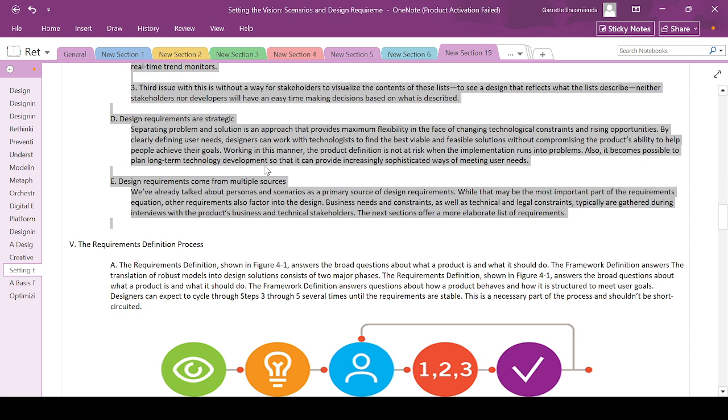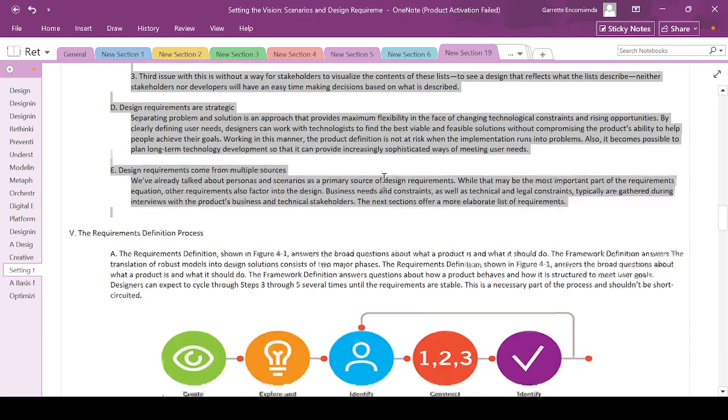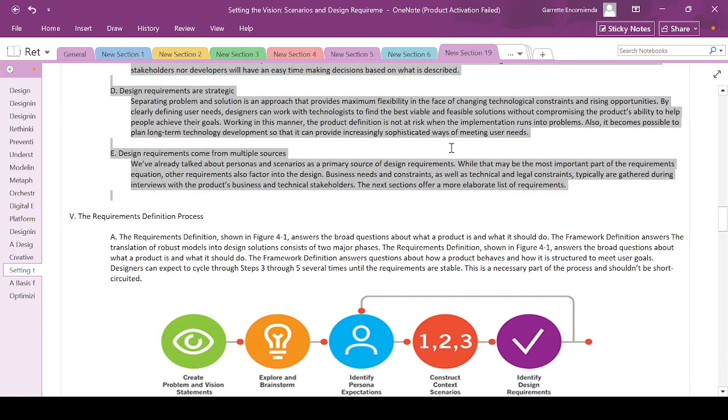So again, it is helping us generate a solution because that allows us to focus on the goals rather than the task. So as you can see, the task became a distraction if you prioritize that at the first step of design. Working in this manner, the product definition is not at risk when the implementation runs into problems.